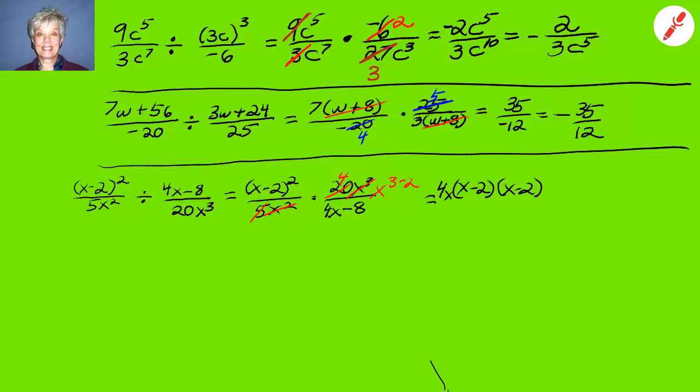And from the numerator of the second fraction, we're going to have 4 times x. So we'll have 4x times x minus 2 times x minus 2 over, on the bottom, 4 times parentheses x minus 2, because 4 is the common factor. Now the 4's cancel, the x minus 2's cancel, and we're left with x minus 2.